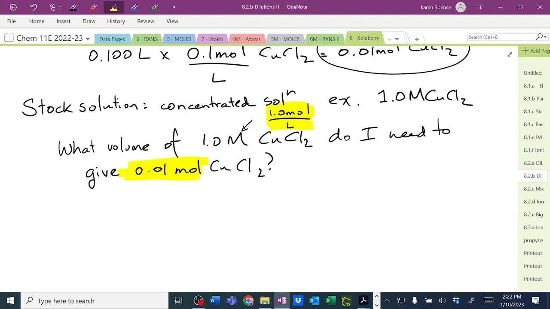You think you know. What would you do? So you'd go 0.01 moles. What would you multiply by?